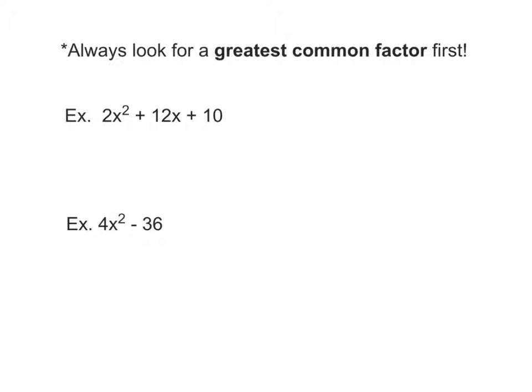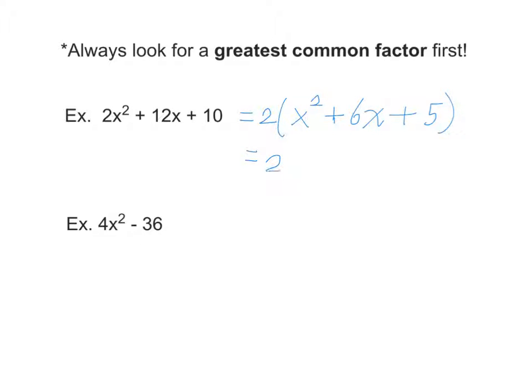The first one has a 2 in common. All of the numbers are even. So I could factor a 2 out of each one of these before starting. Now, even though this is factored, it isn't factored what we call completely. To factor it completely, you'll need to take the remaining trinomial listed here and factor it.